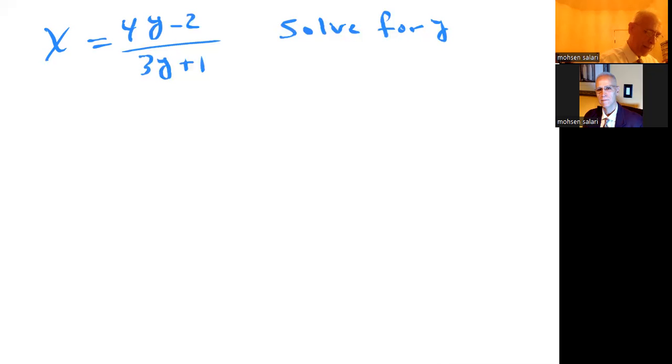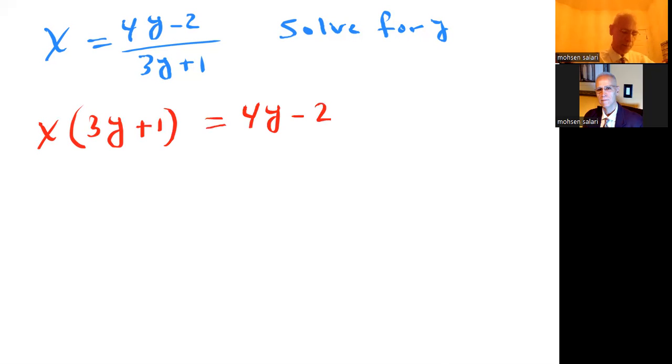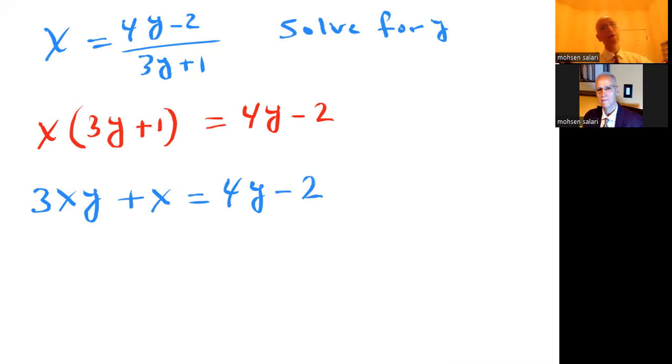So I get x times 3y plus 1 equals 4y minus 2. And this is the same as 3xy plus x equals 4y minus 2. I'm going to group the y's together to solve for it. So 3xy minus 4y equals minus 2 minus x, by regrouping.